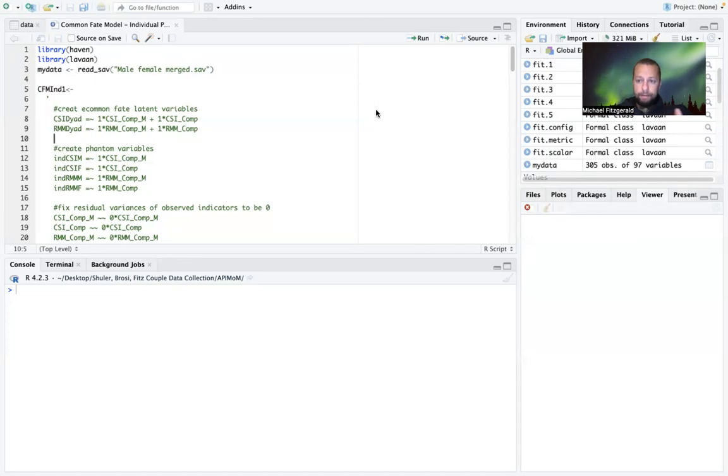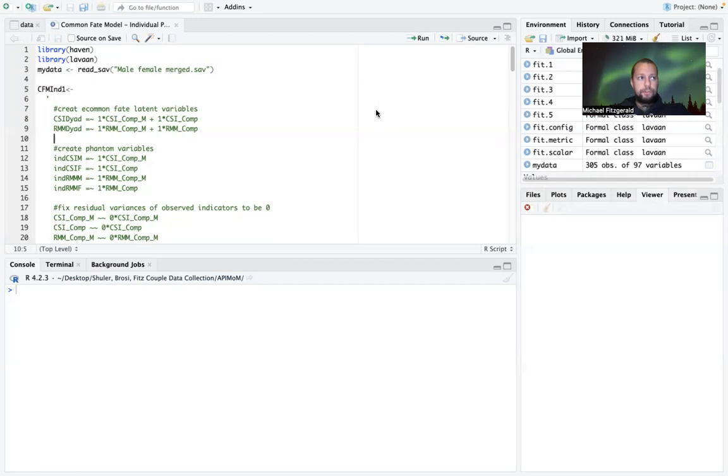We typically in the common fate model want the variation to be around 50% or higher, which is indicated by factor loadings on the latent constructs of about 0.7 and higher. And so that's essentially telling us that there's roughly the same amount of variance at the individual level and at the dyadic level.